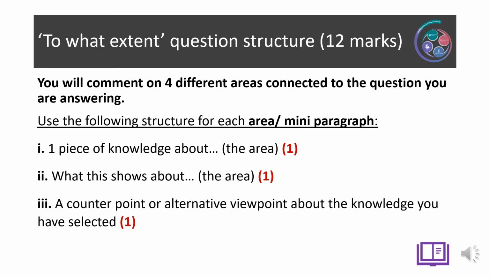You will write down one piece of knowledge about the area for your first mark. You will then indicate what this knowledge shows about the area for a second mark. And then for a third mark in each paragraph, you will provide a counterpoint or alternative viewpoint about the knowledge you have selected.